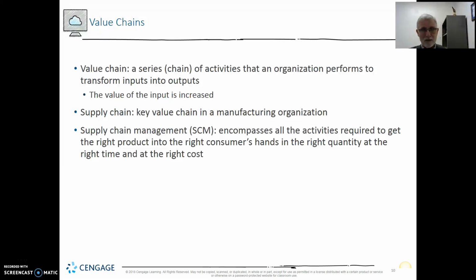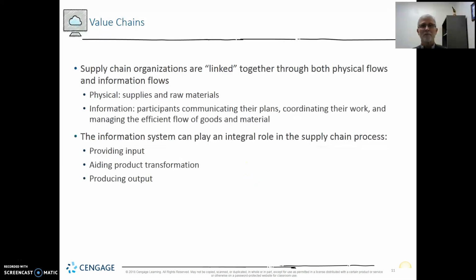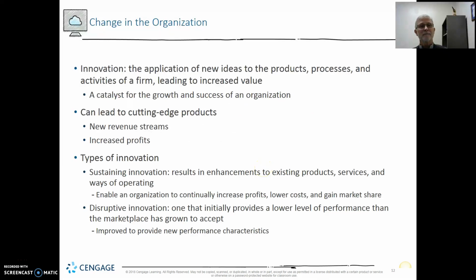How do I get from raw materials to on the shelf, that whole manufacturing process? And then, if I have that long chain, how do I manage it? The supply chain management system tries to incorporate all the information that comes into play. Supply chains are linked together, and information systems can play an important role there.